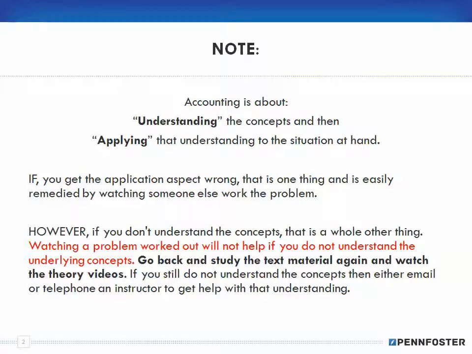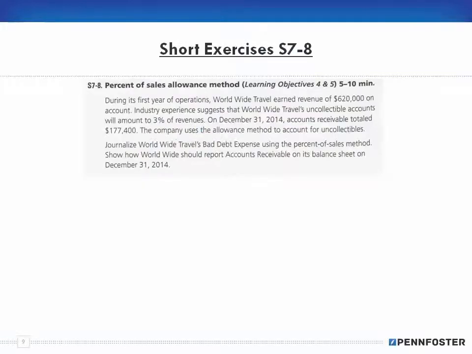All right, so let me scroll down here to, we were working on problem 7-8. Percentage of sales, allowance method. During its first year of operations, Worldwide Travel earned revenue of $620,000 on account.